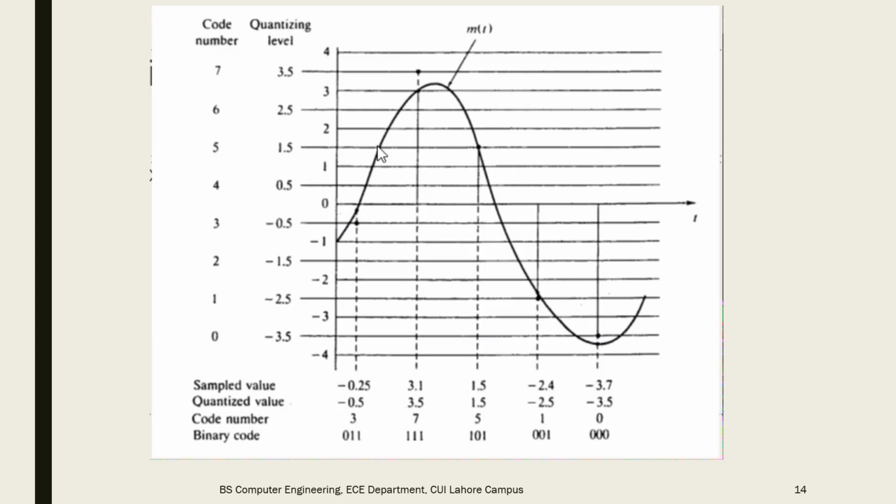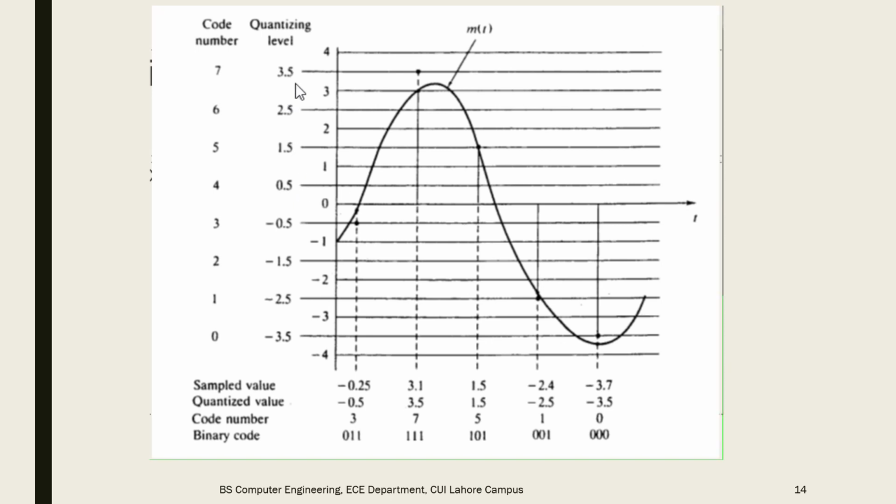Here we have a sinusoidal signal, and suppose we have performed sampling, and now we want to discretize the amplitude of this signal. So before going further, we have to decide in how many levels we want to divide this signal. So suppose we want to divide it into 8 quantization levels, as shown here. 0 to 7 are showing the 8 quantization levels. 4 levels, 0.5, 1.5, 2.5 and 3.5.